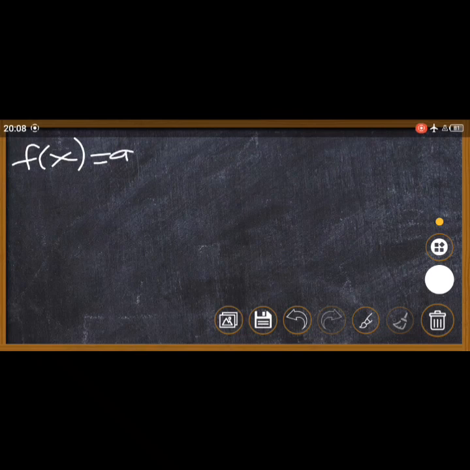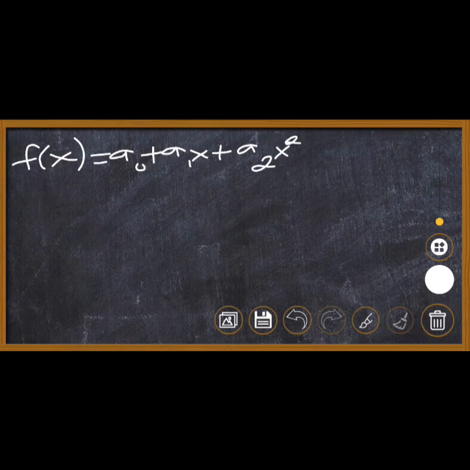So since we are done with this part, let's also try to differentiate with respect to x. So finding the first derivative, remember our first expression of f of x is what? a0 plus a1 x plus, let's say, a2 x squared added to a3 x cubed added to a4 x power 4, and you keep on going.